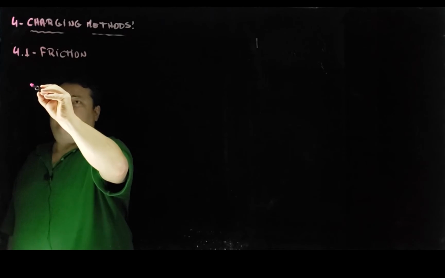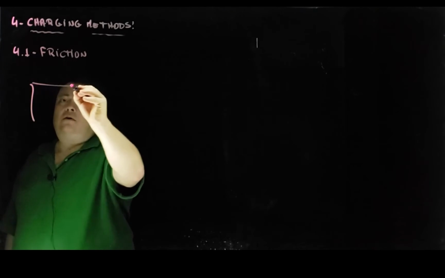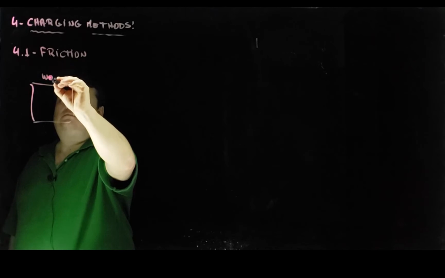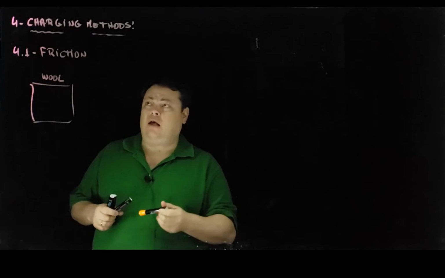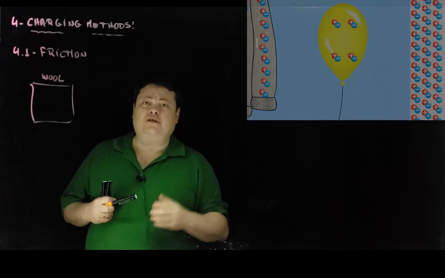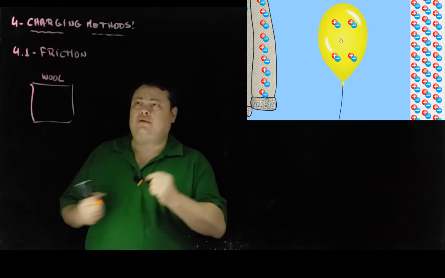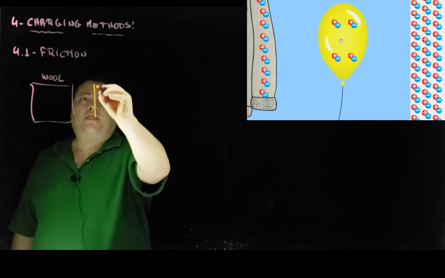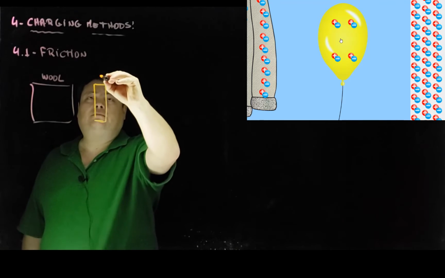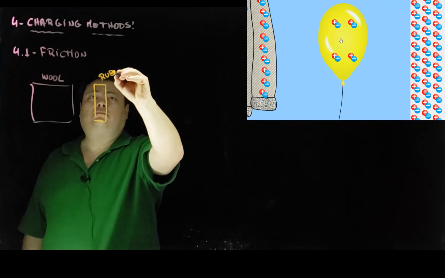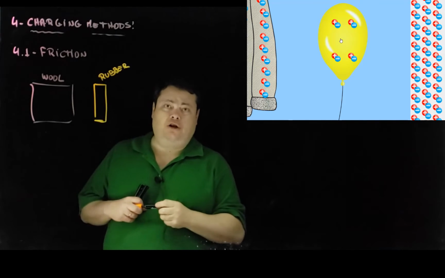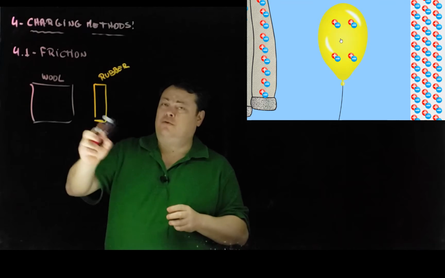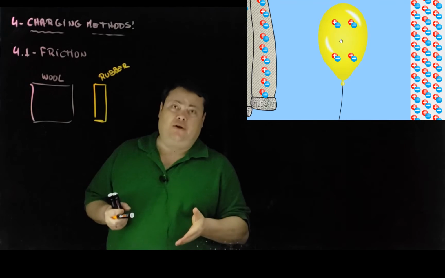But we have a fabric, let's say wool, and we also have a rod. The PhET simulation uses rubber balloons. I'm going to just assume here a rubber rod. And both are initially neutral.